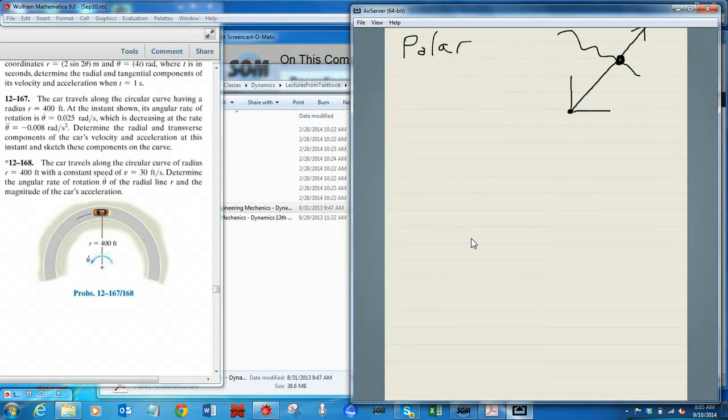The book uses U_r. It's the radial direction. So if I say on the exam, draw the radial direction, what are you going to do? You're going to draw a line from the origin straight to the particle. It always points out, from the origin.